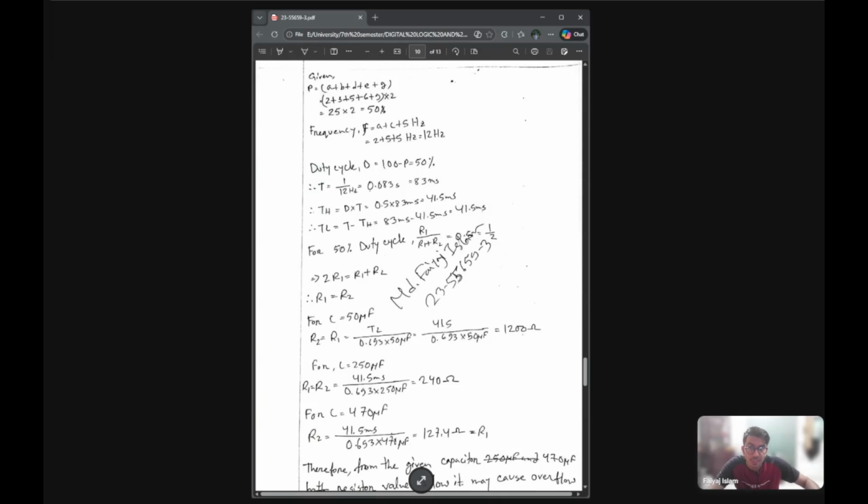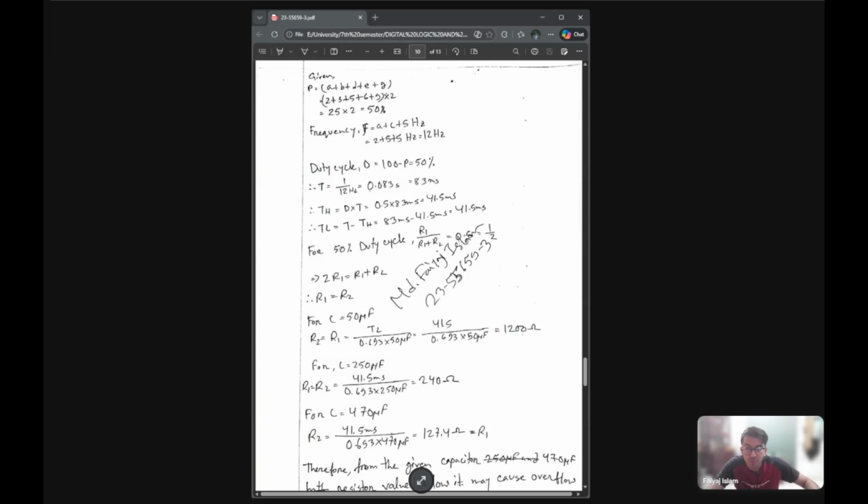The 50 microfarad option required a resistor value that was too high, 1200 ohm, and the required resistor value for the 470 microfarad is too low, 127 ohm, which risks causing an overflow of current in the circuit.